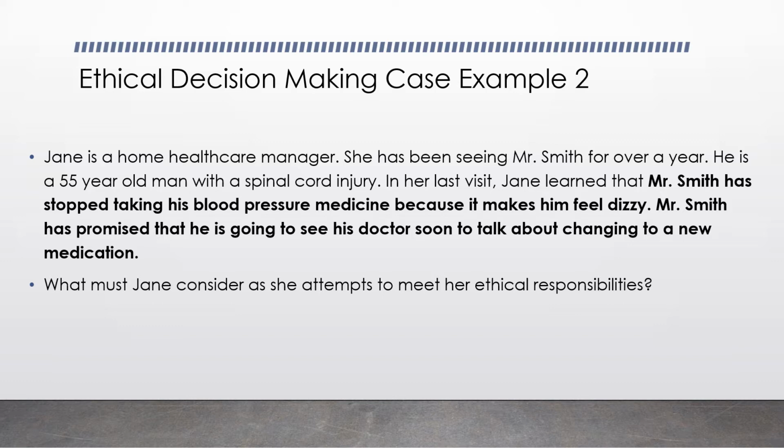In which case, she would need to document why she's taking this approach. She would need to try to get more specifics from Mr. Smith, how long he hasn't been taking the medicine and things like that. And then she would need to figure out a plan for what to do with Mr. Smith after he is stabilized, right?